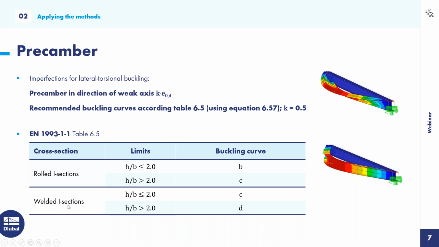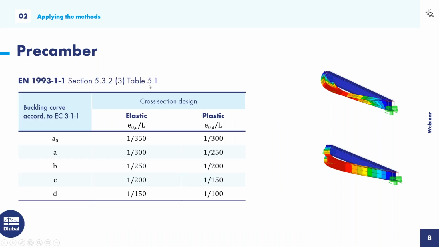Table 6: our structure has got welded I sections. H to B is larger than 2 in our case. Therefore, we need to apply the buckling curve D. Next table, table 5.1, buckling curve D.